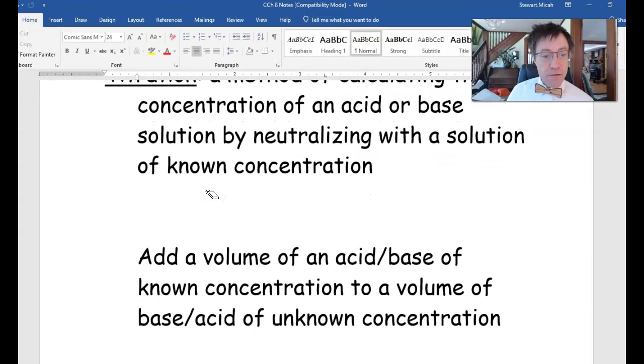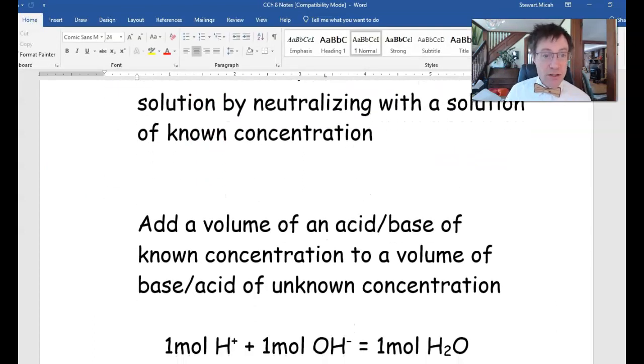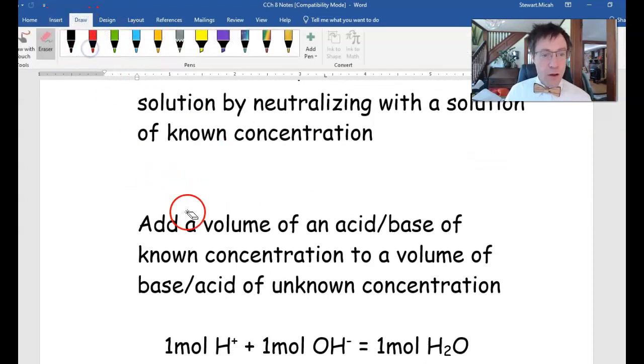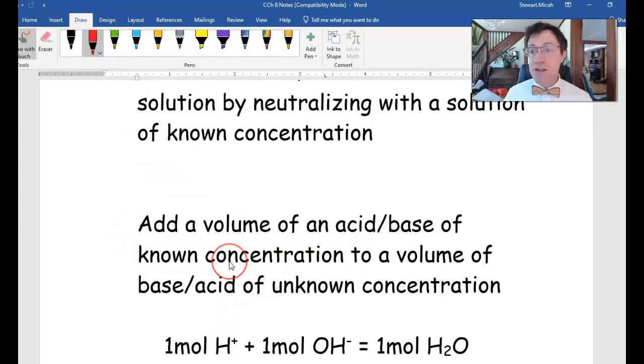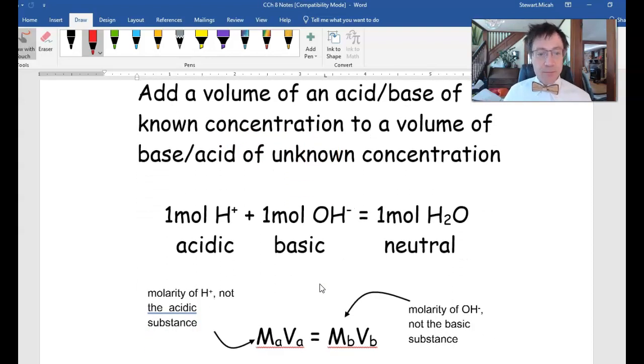the way this works, my friends, is like I said, we're going to add a volume of acid or base of known concentration, right? So this is something that we know the concentration of that we're going to be adding into a sample of unknown. And here's how this works. Now, you all remember that 1 mole of hydrogen will react with 1 mole of hydroxide and give us 1 mole of water.